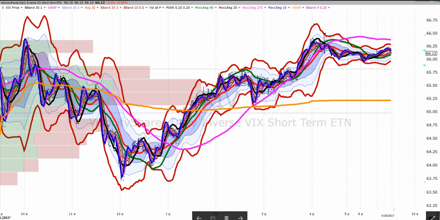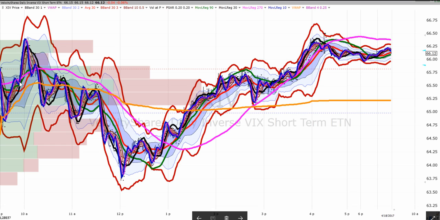We're using bar charts. What we call the river is the 30-period Bollinger Band, plus or minus 1. That's the dark blue area, with the center of that being a 30-period simple moving average. That's the thick red line. The outer red lines, the outer boundaries, are the 30-period Bollinger Band plus or minus 3.